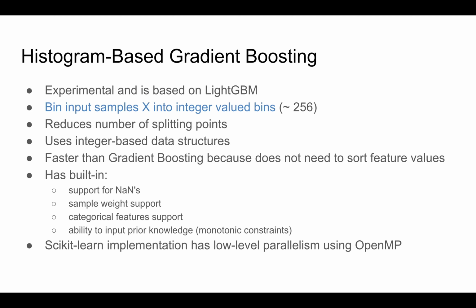And additionally, this particular algorithm has low level implementation of parallelism using OpenMP. So overall, this is a faster algorithm, but it's an experimental method right now. And so we have to import the library experimental to run this.